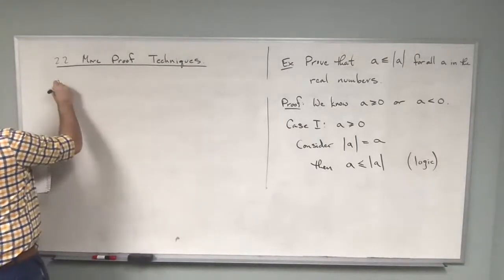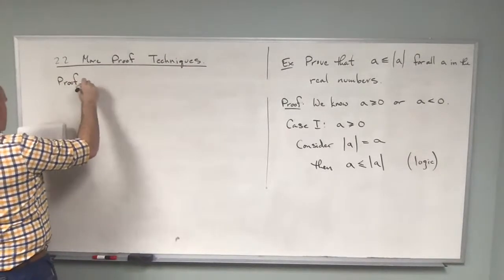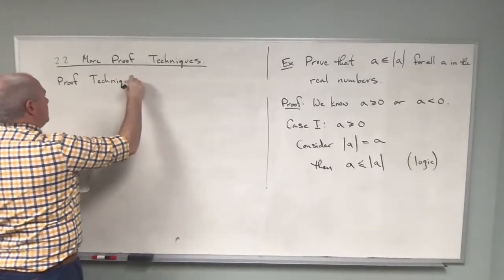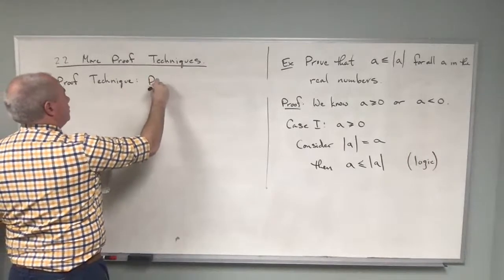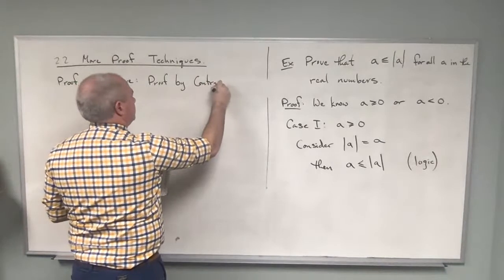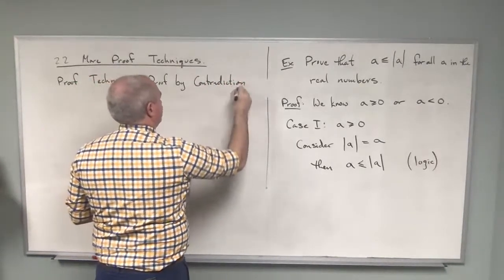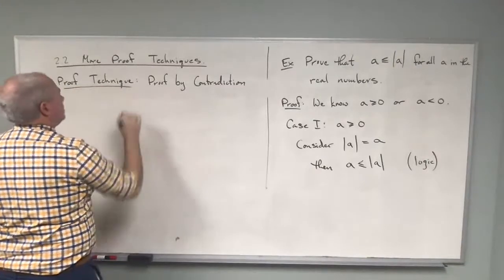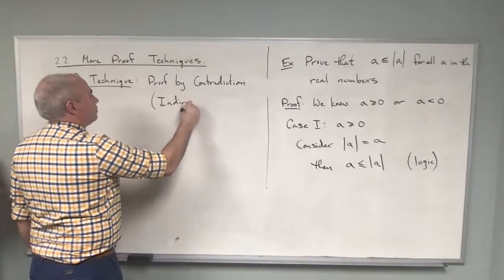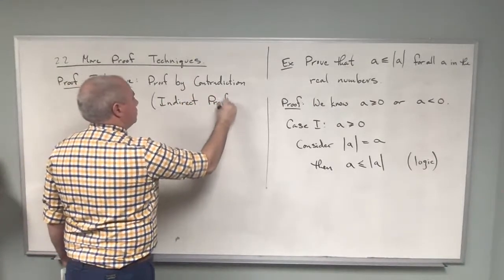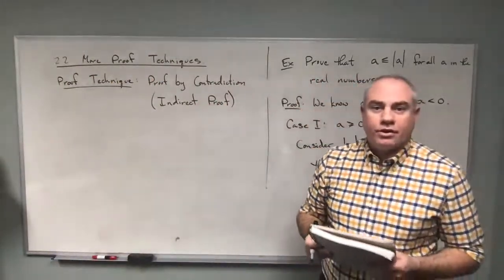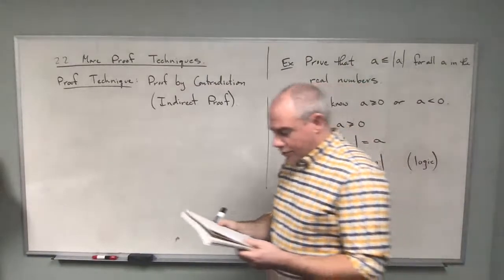Okay, so the first proof technique in this section is proof by contradiction, also called an indirect proof. Okay, so proof by contradiction is also known as an indirect proof. So this is kind of how it works.